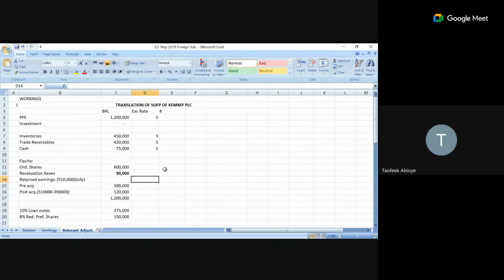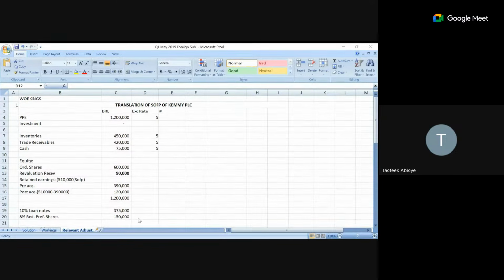Now, we are moving to ordinary share. What is the ordinary share of Kemi PLC? $600,000, right? Yes.